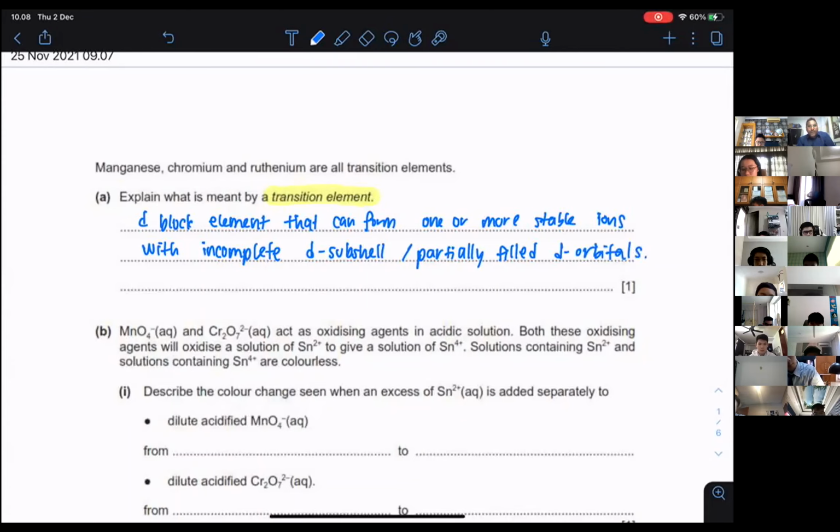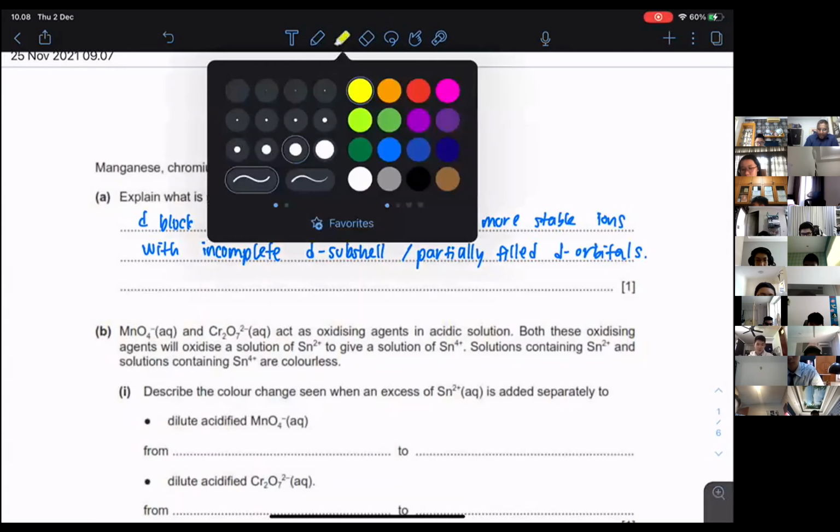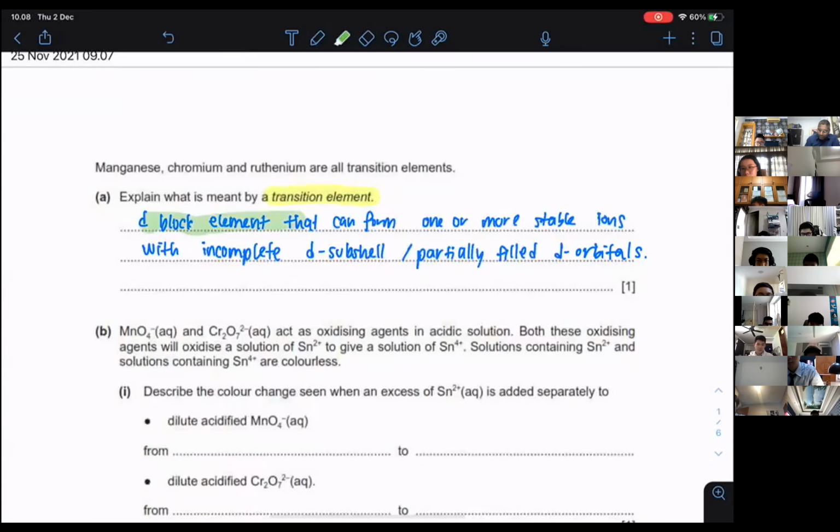One or more stable ions with incomplete D subshell, I think that will be a better way to remember. Up to you which one you want to choose to answer. I will suggest this one, but both are accepted. Please remember partially filled D orbitals is also accepted, but don't write down incomplete D orbitals. It should be partially filled.